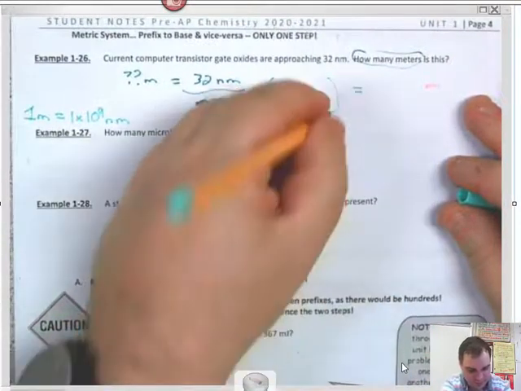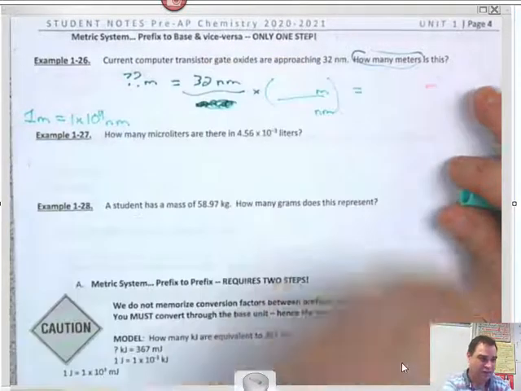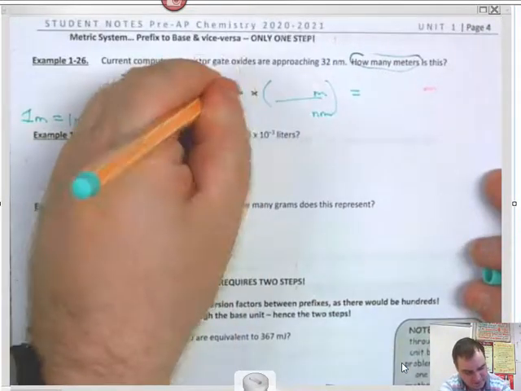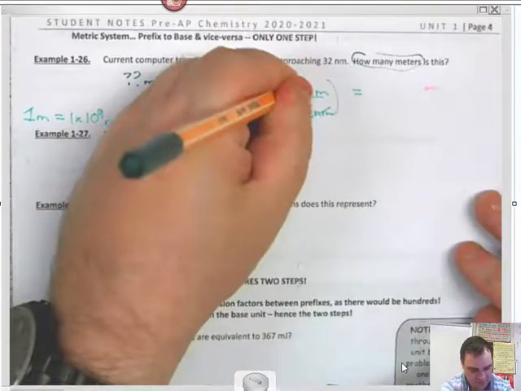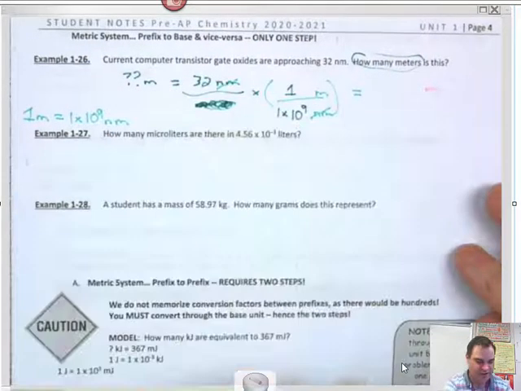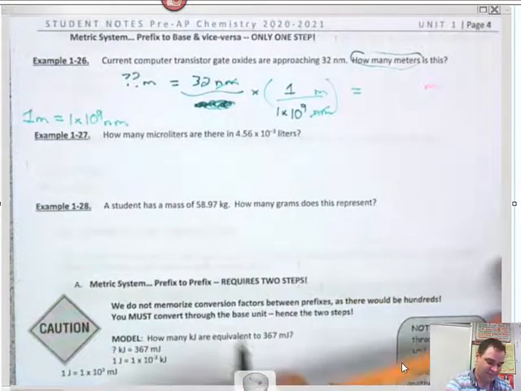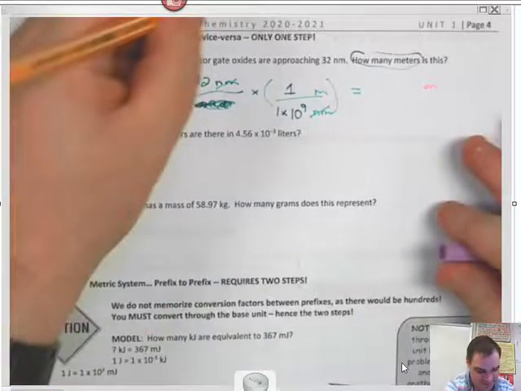Nanometers on the top, nanometers on the bottom. What are you going to convert to? Meters. Swish, swish. Now we put in the numbers. 1 meter equals 1 times 10 to the 9th nanometers. Now remember, when you're putting this on the calculator, you're supposed to use the E button.